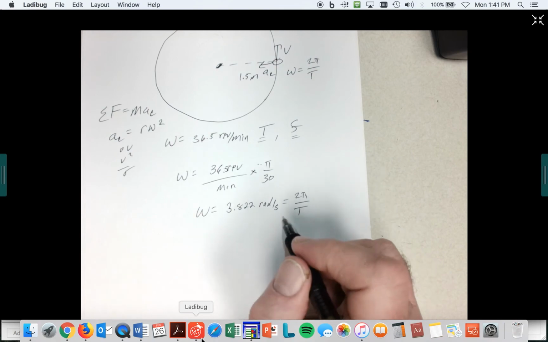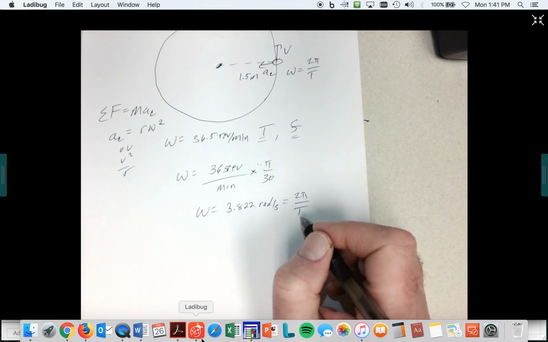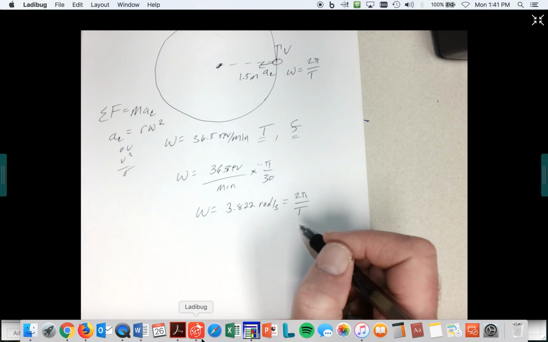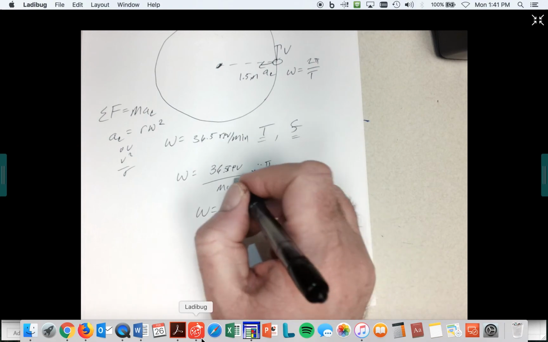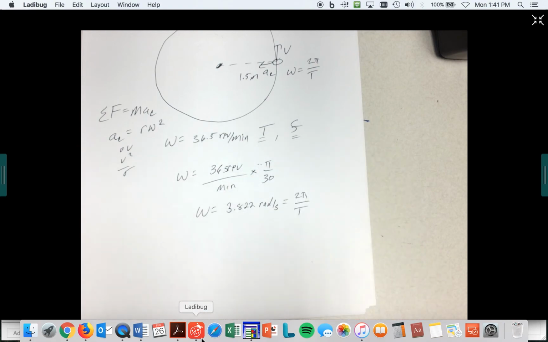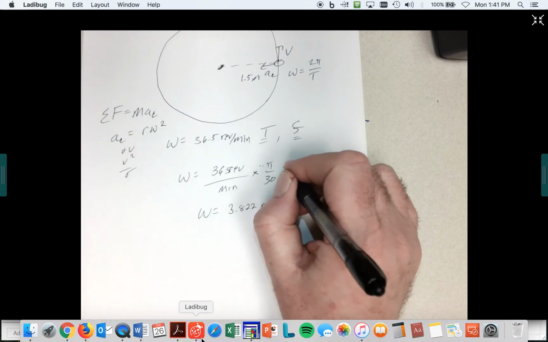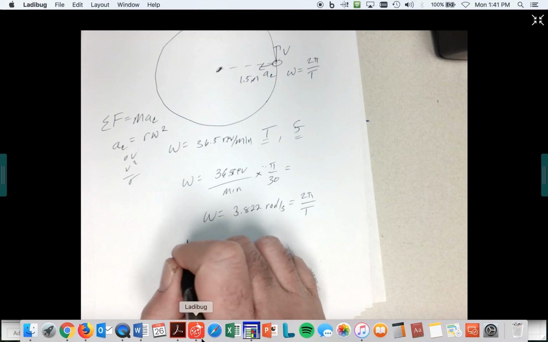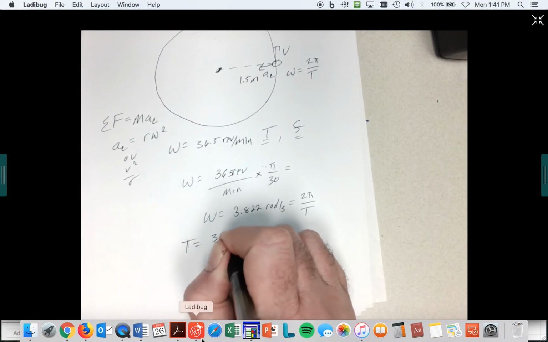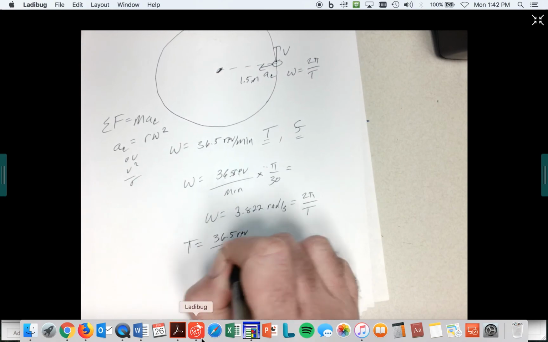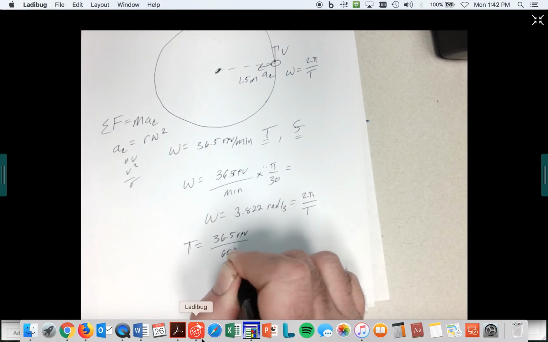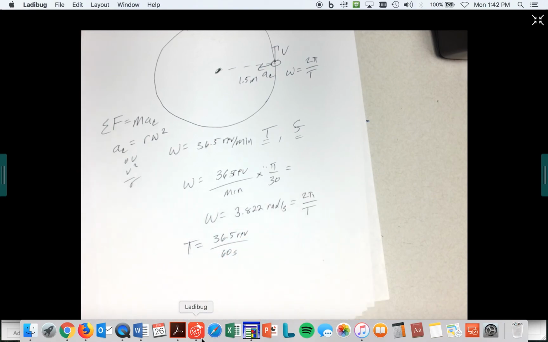So if I take this and divide by 2 pi, in other words, solve for T. Well, I could have done that here, because I've got 36.5 revolutions per minute. I could have just taken 36.5 revolutions divided by 60 seconds, and I'd have gotten the number of revolutions per second.